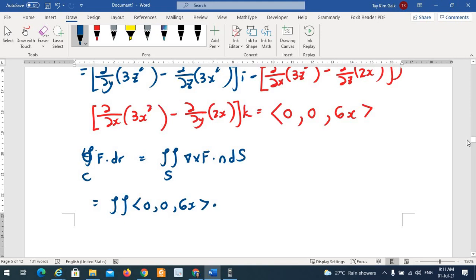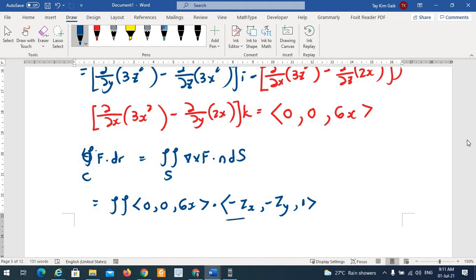Okay, the unit normal vector is pointing up. Hence, your normal vector is negative zx, negative zy, positive 1k.